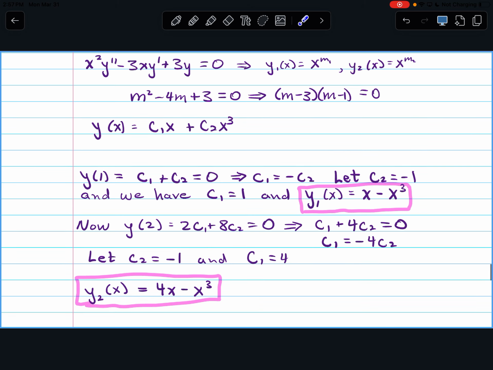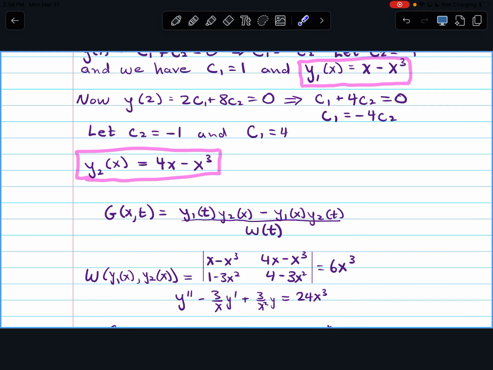So I've got now 4x, putting it in place of C1, and then C2 is negative 1. So this is y2, my second solution. This is the new thing we're doing here. We've got two solutions to deal with this boundary value problem.